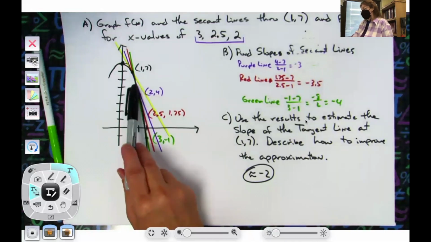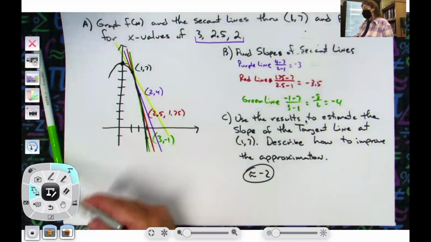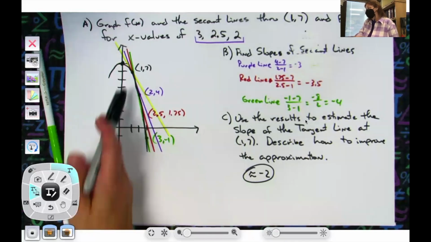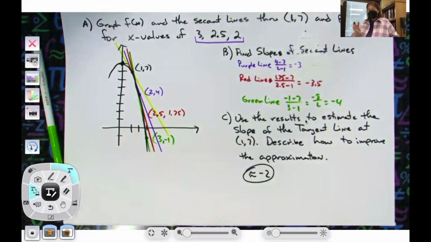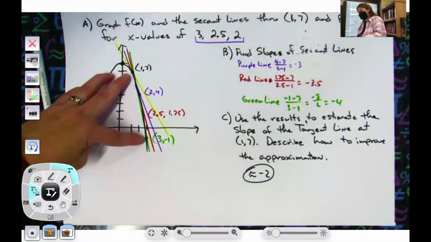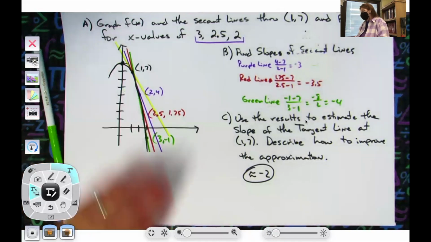If I would have picked another point up here, it would have been even closer to the actual line, right? So I need to pick points closer to my 1.7. When I pick points closer to my 1.7, my delta x is going to 0. It's getting closer and closer because that distance of delta x is going to 0.